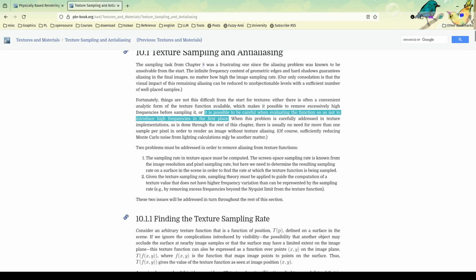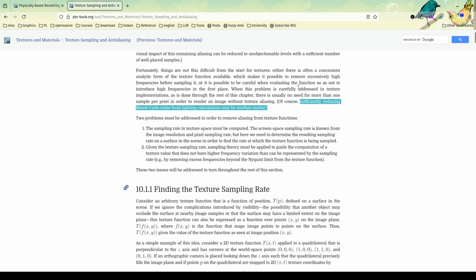I guess this is MIP map. And when this problem is carefully addressed in texture implementation, as is done throughout the rest of the chapter, there is usually no need for more than one sample per pixel in order to render an image without texture aliasing. Of course, other kinds of aliasing still cannot be solved this way.